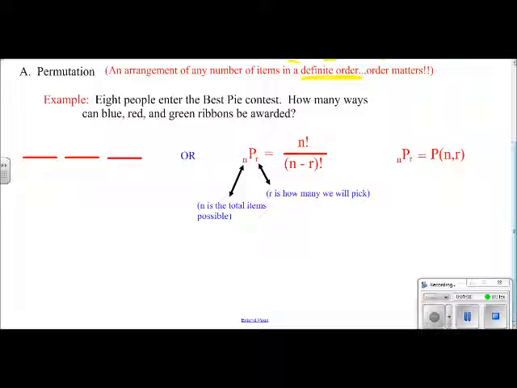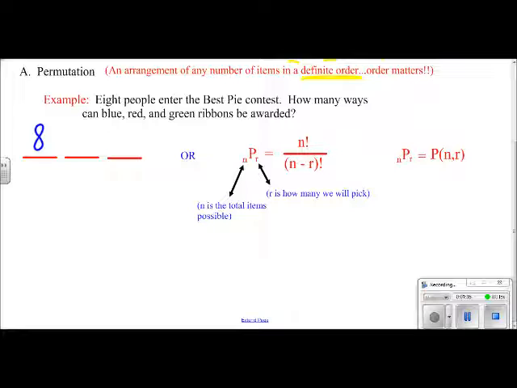So let's look at another example of how permutations work. Our example says 8 people enter the best pie contest. How many ways can blue, red, and green ribbons be awarded? This is going to look really similar to our fundamental counting principle problem from before when we were looking at scheduling classes. If we look at the first place prize, or our blue ribbon, there are 8 people who can win that.